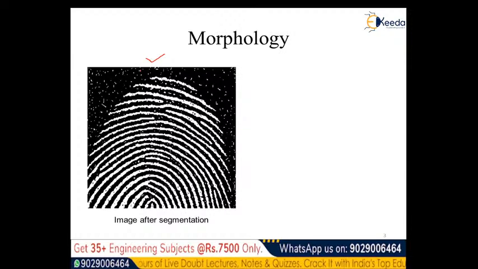In this image, the curves you see in white color are the pattern of the fingerprint, and the small white dots you see in this complete image are the noise. For identification and authentication purposes, we perform image segmentation that separates a simple object from the background in the image.